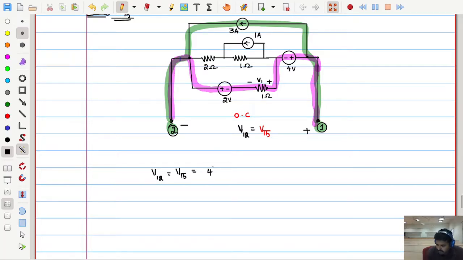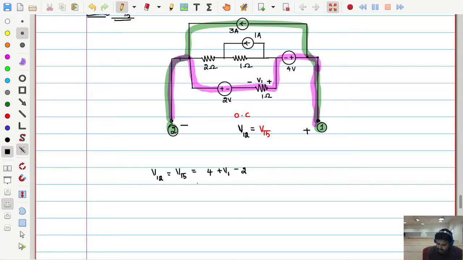One is 4 positive, plus V1, minus 2. From 1 to 2 there are 3 terms, like 3 stops. So 4 volts plus V1 minus 2. These are the 3 voltages which I come across in my journey.